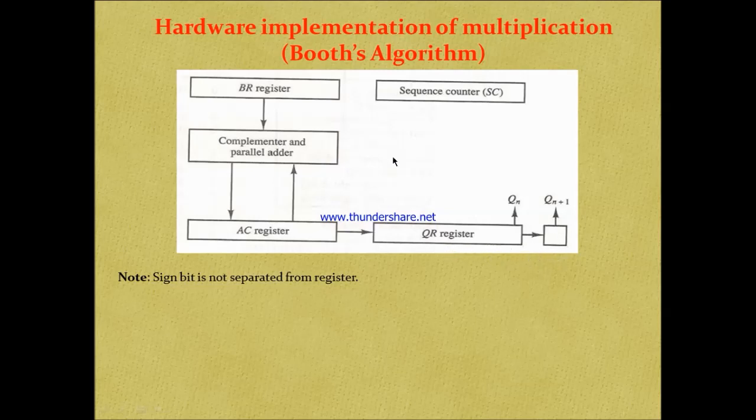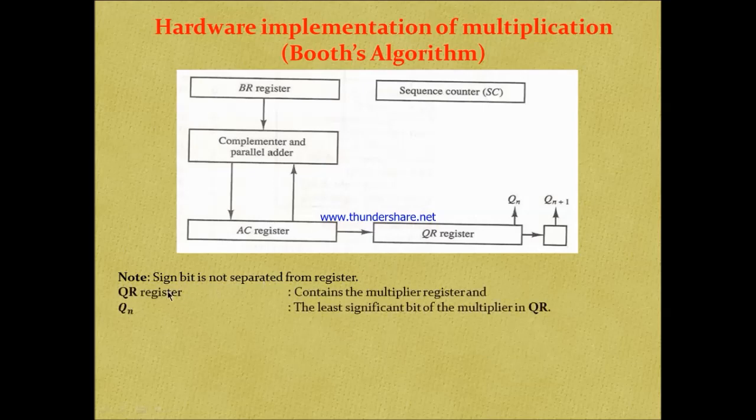But here there is no separate register for the sign bit. That means the sign bit is included in this register itself. So this is the first consideration of the hardware implementation of Booth algorithm.